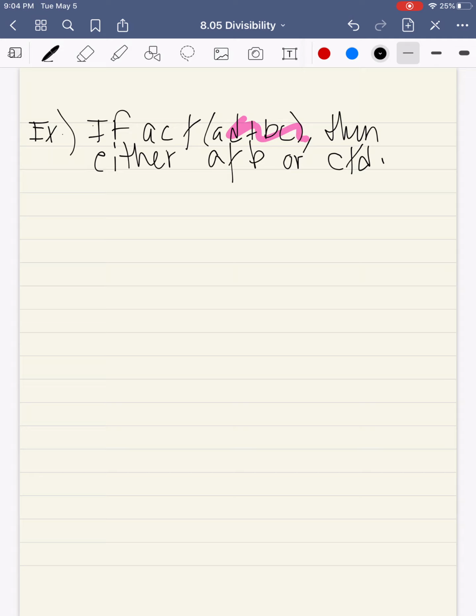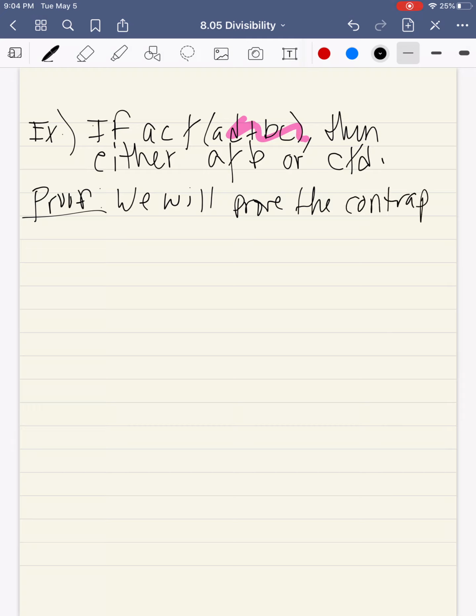and that's exactly what I'm going to do. So we will prove the contrapositive, which is the statement. And again, the contrapositive, we negate and flip the if-then.